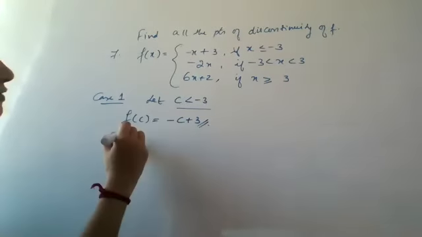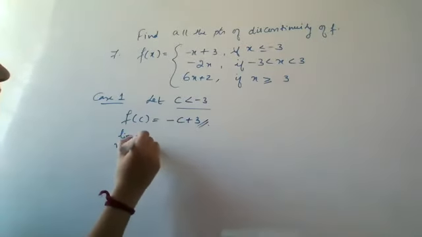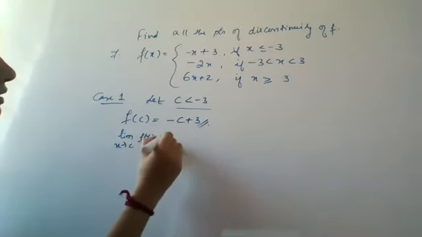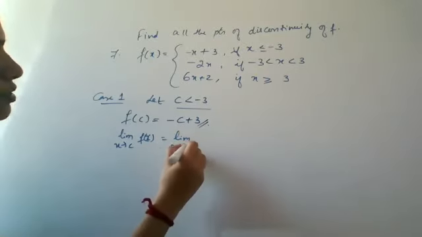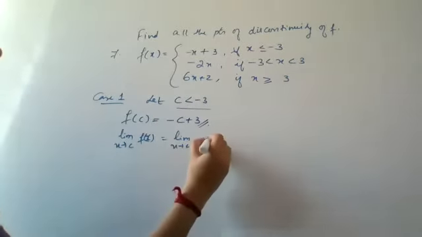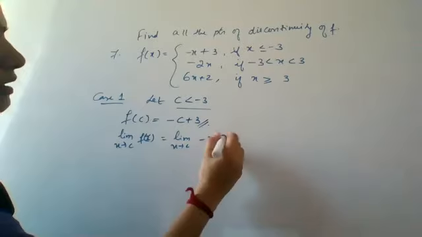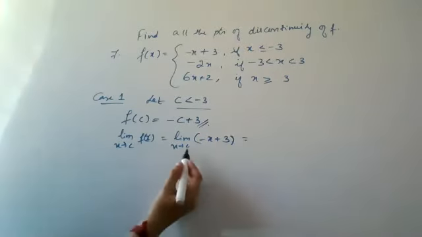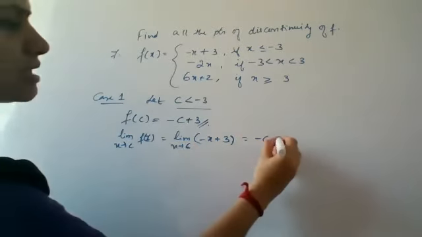Now if you take the limit for that, f of x, you will have limit x tends to c. What will be f of x? Again, it is minus x plus 3. Replace your x with c, you will get minus c plus 3.